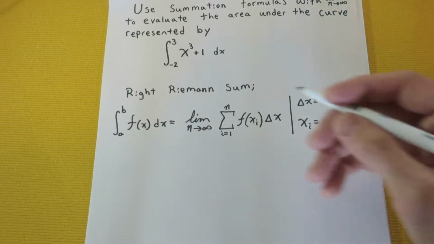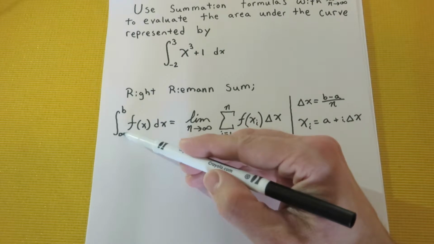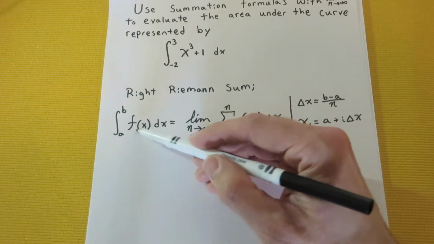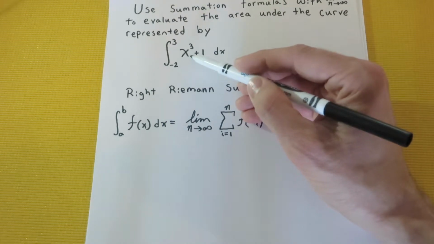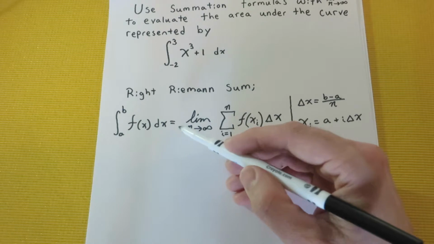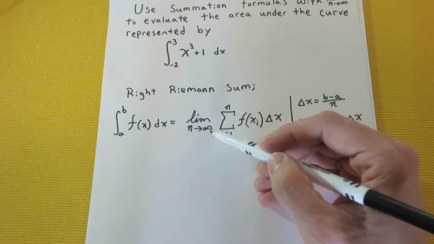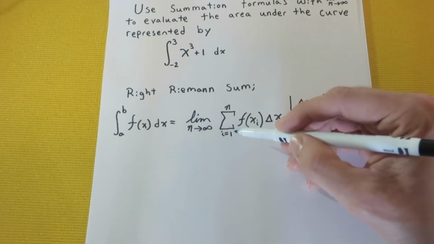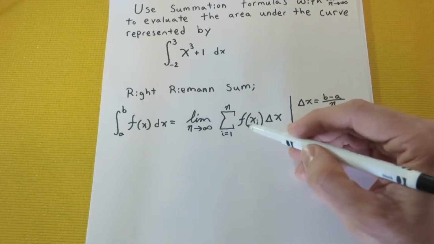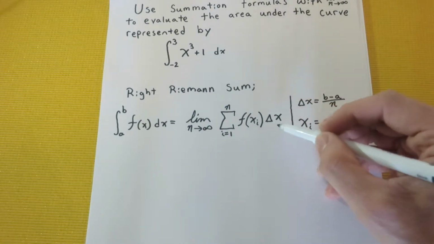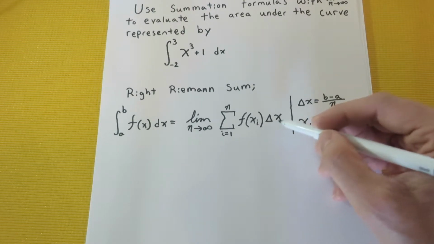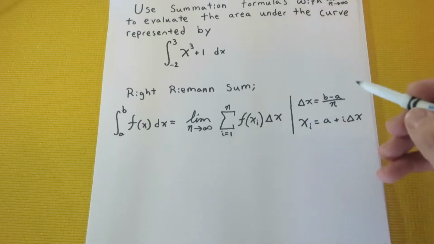So this is telling us that the integral from a to b, in this case -2 to 3, of some function, in this case x cubed plus 1, is going to equal the limit as n approaches infinity of the summation from 1 to n of f of x sub i multiplied by our delta x, or our change in x.